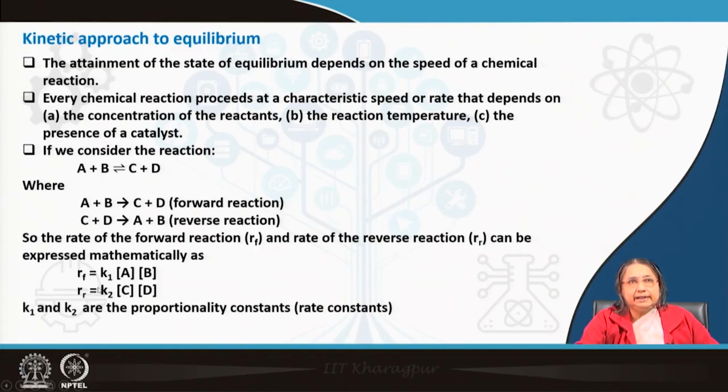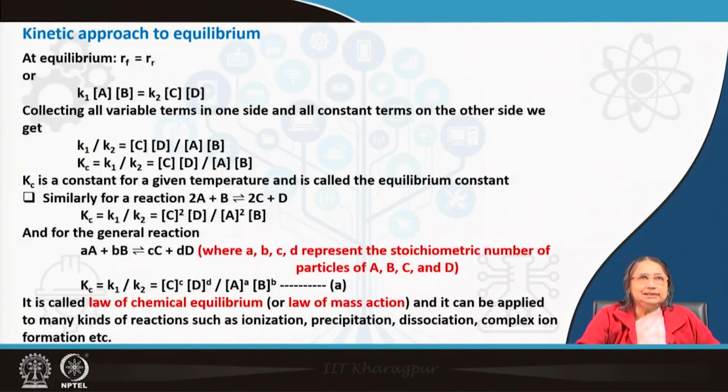In this case, it is K2 into the concentration of C into the concentration of D, where K2 is the rate constant for the backward reaction. So, when these two rates are the same, what happens? At equilibrium, the rate of the forward reaction is the same as the rate of the backward or reverse reaction.